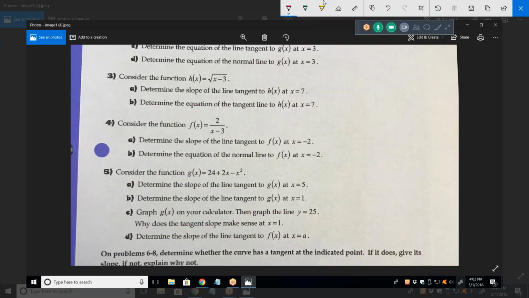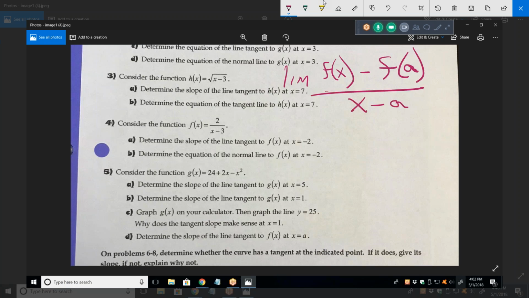And again, this makes even less sense to me. There are two definitions for the first derivative. One of them is f of x plus h, but the other one is f of x minus f of a, all over x minus a, as x approaches a. So if you did it this way, you'd still come up with 2 minus 2a.